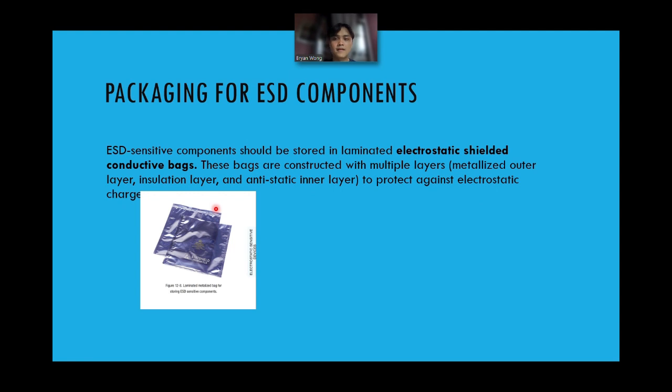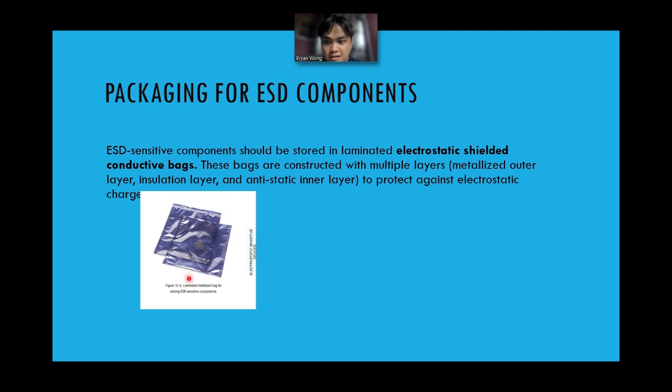Next, packaging for ESD components. What is packaging for ESD components? Let me explain. ESD sensitive components should be stored in laminated electrostatic shielded conductive bags. These bags are constructed with multiple layers: a metallized outer layer, an insulation layer, and an anti-static inner layer to protect against electrostatic charge.